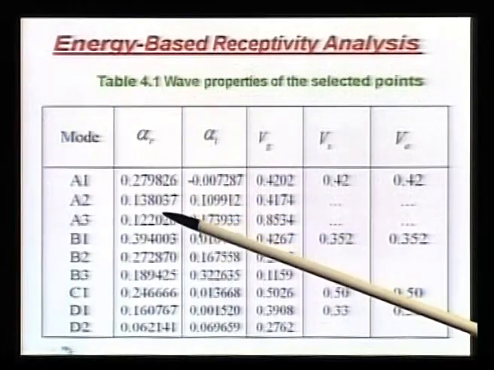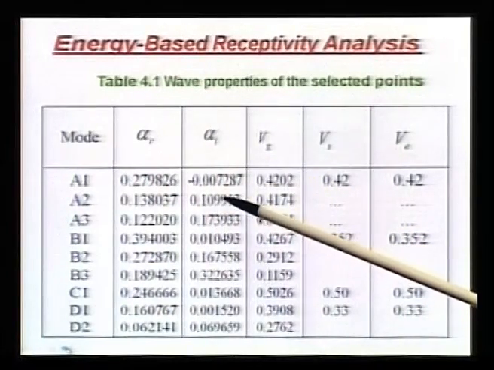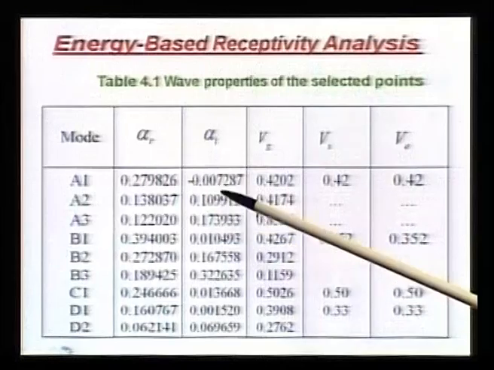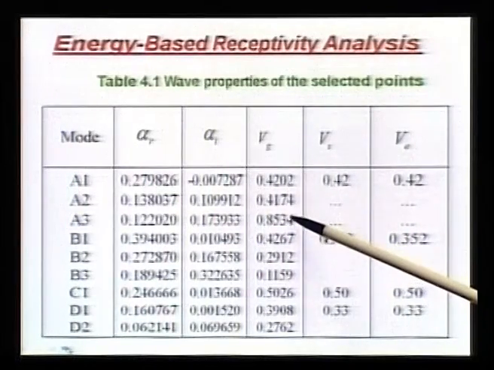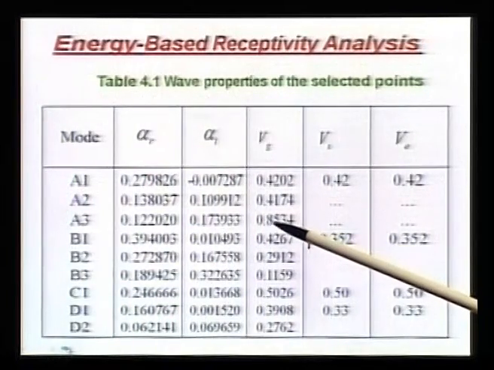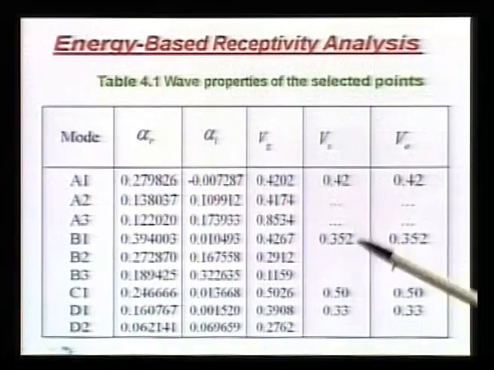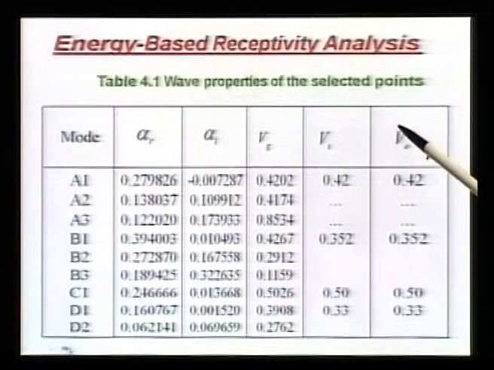This is also the same thing. The growth rates, they are not growth rates, they are decay rates, and they are huge, okay? And the group velocities are of the same kind. This one is almost half of U infinity, and this one is close to 1 U infinity.